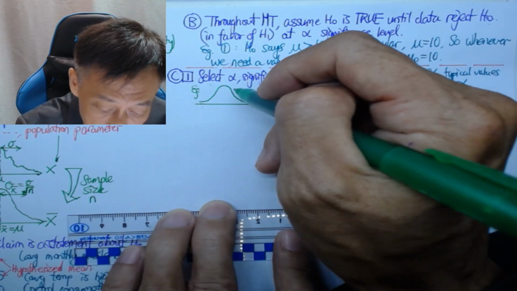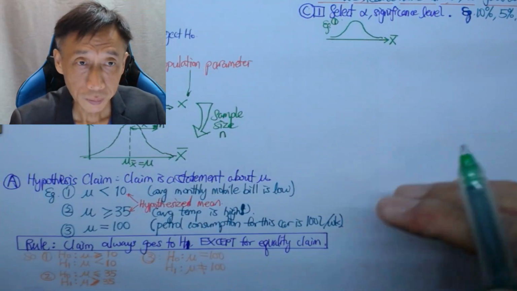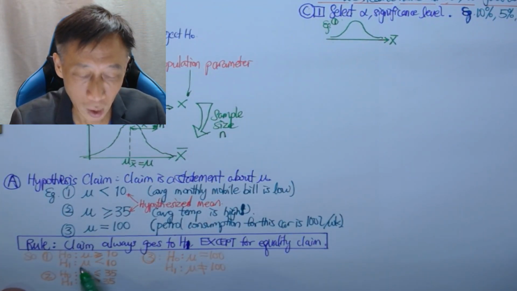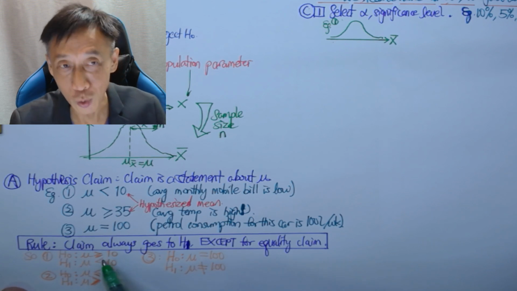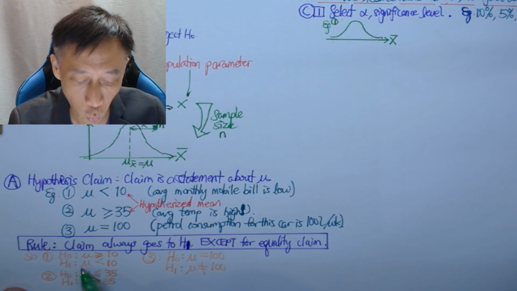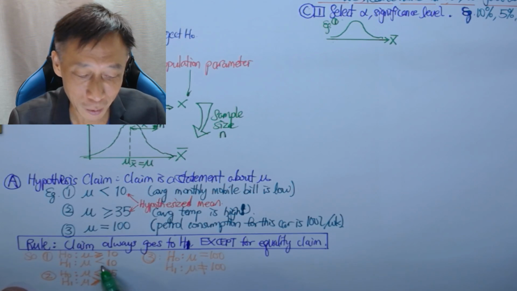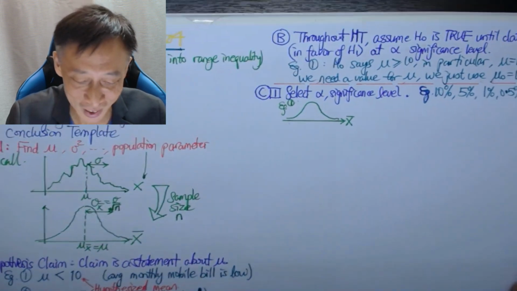So the example 1 here, recall that it is H1: mu less than 10. H1 is the so-called extreme end. We are always assuming H0 is true, so we are reluctant to give up H0 in that sense. So the extreme one is H1. Extreme end is H1. And H1 points to the left side. I'm using this less than sign as an arrowhead to say left side. But it works. So let's just live with that.